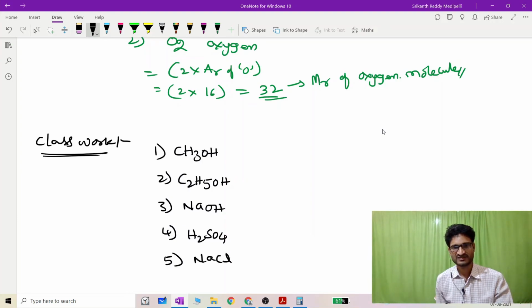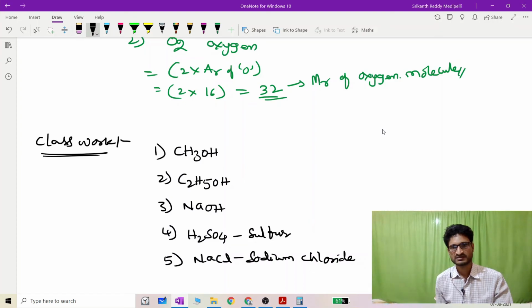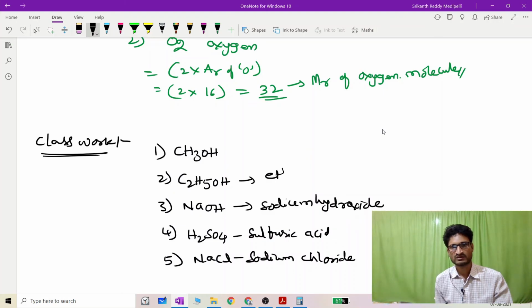This is common salt. So I'll just write down its name, sodium chloride, and this is sulfuric acid, and this one is sodium hydroxide, and this one is ethanol, this one is methanol.